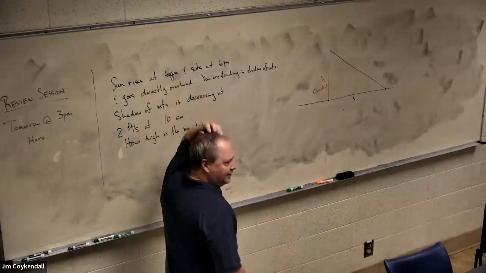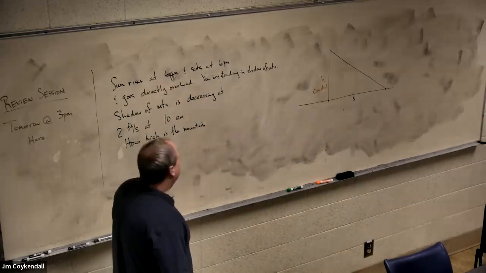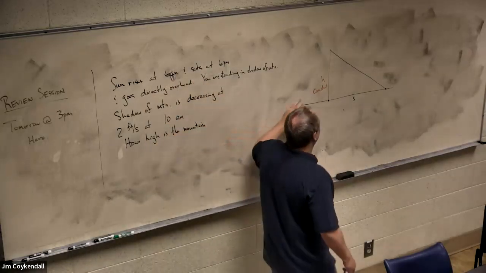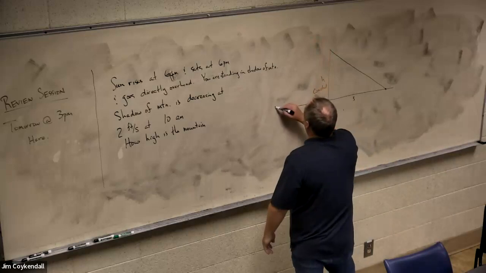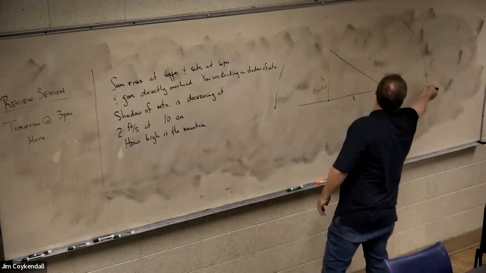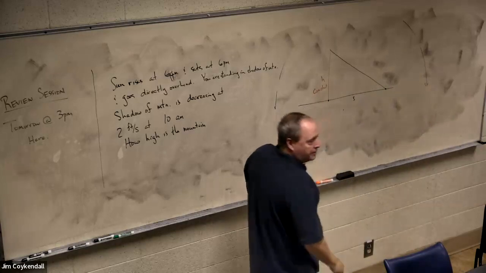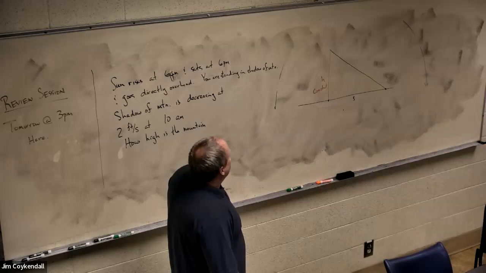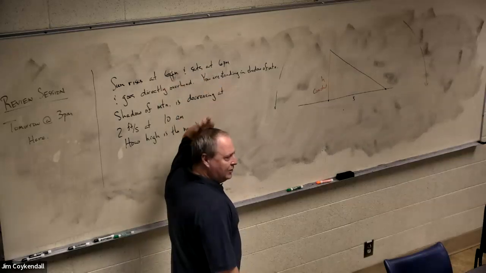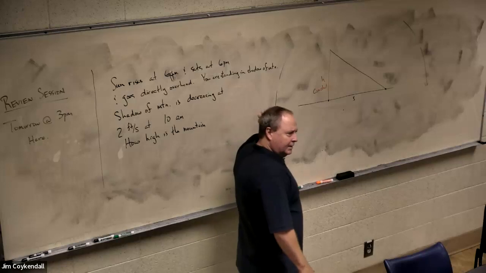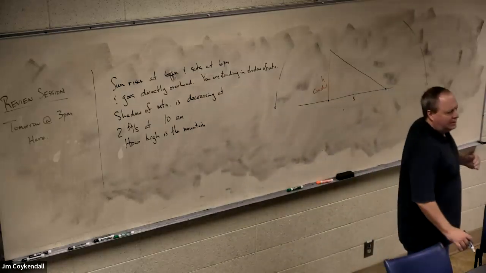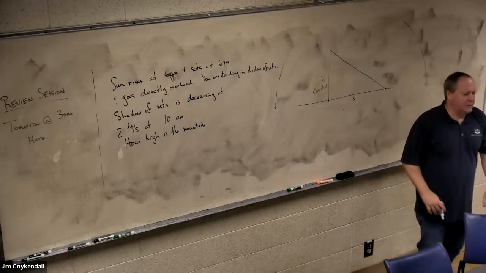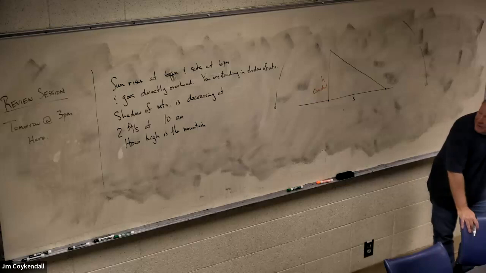Let me start mining this problem for information. The sun rises at 6 a.m., so we'll say the sun rises here, and the sun goes like this. I need to interpret this information: how can I turn that into a piece of information that might be useful for the problem?